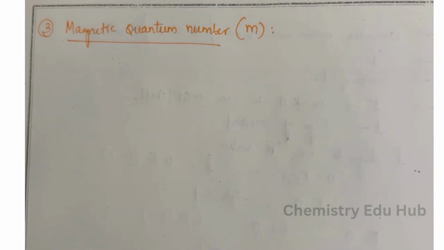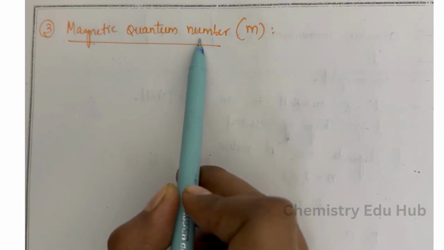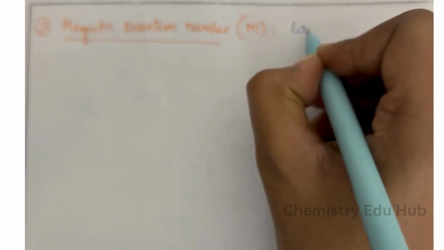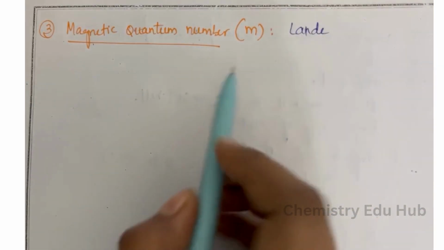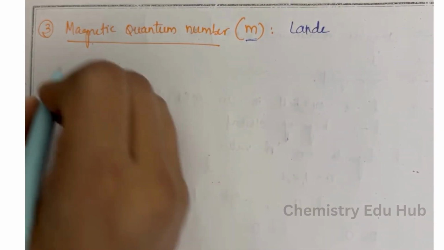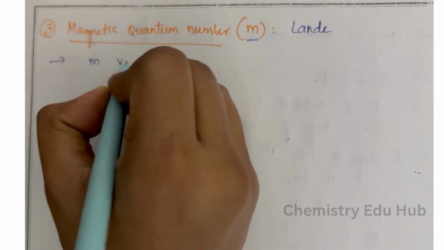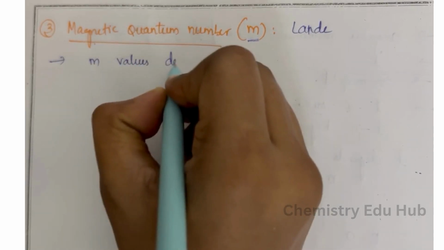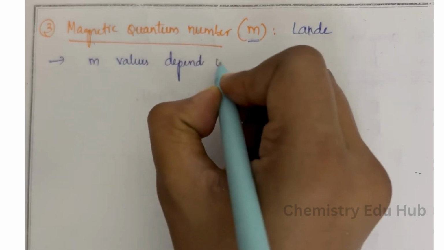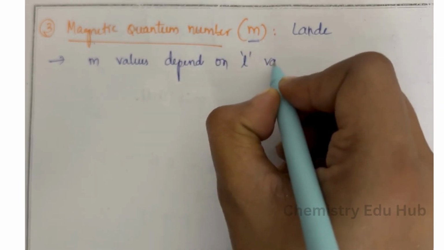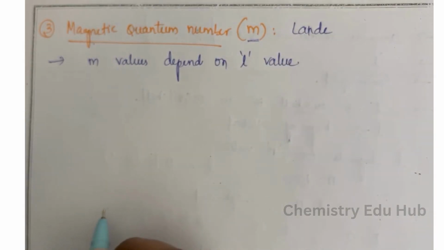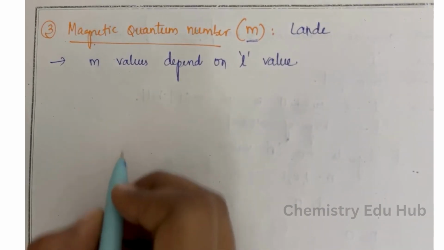The third quantum number is the magnetic quantum number proposed by the scientist Landé, and it is denoted by the symbol M. M values depend on L values. So based on the L value itself, we write the M value. So how do we write it?